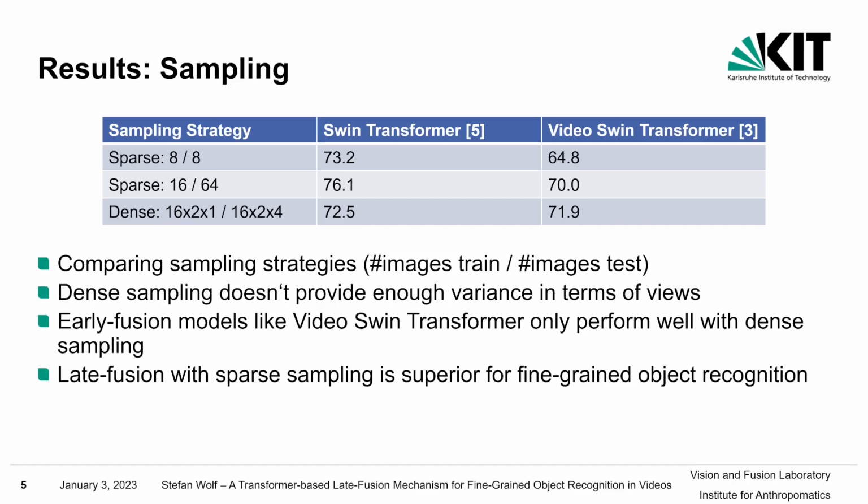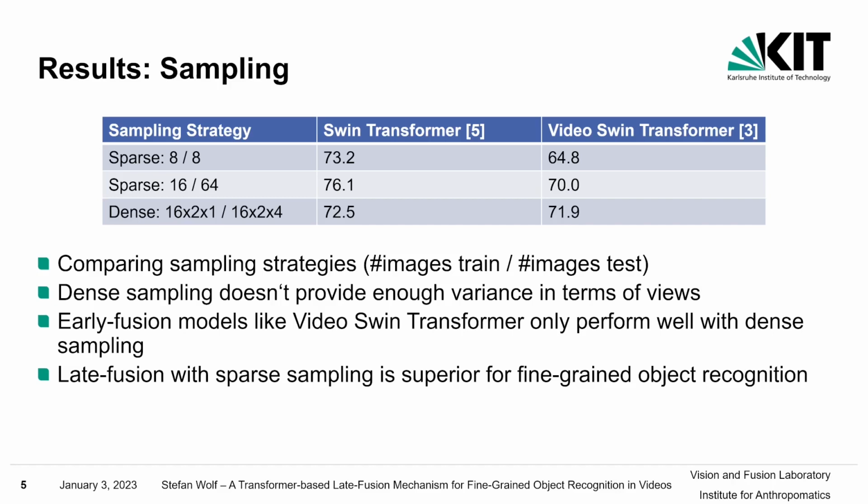Then we also tried out the Video Swin Transformer as a recent state-of-the-art architecture. However, we saw that the sparse sampling wasn't working out well at all. This makes sense since the Video Swin Transformer is an early fusion architecture and it relies on small differences between consecutive images, so it doesn't need to extract semantically high-level features before it can start with an interrelation of the images.